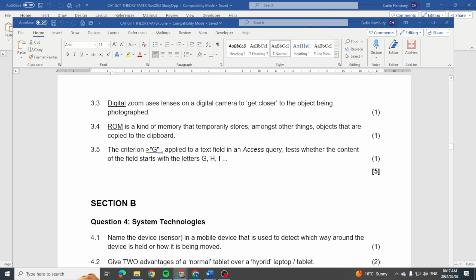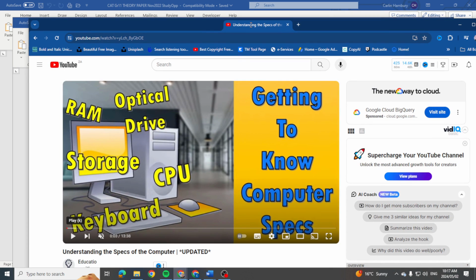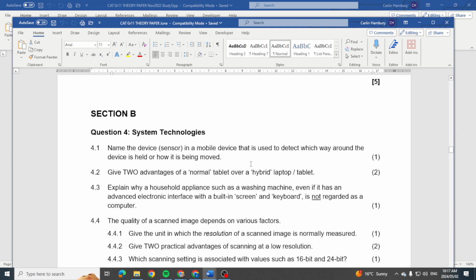Let me just see if I can bring that over to this side. Just skip these lovely ads. And there we go. This video on getting to know the computer specs. Okay? Good videos, got everything you need in terms of what usually comes in and how some of these questions are asked. Okay, so let's have a look at the content.